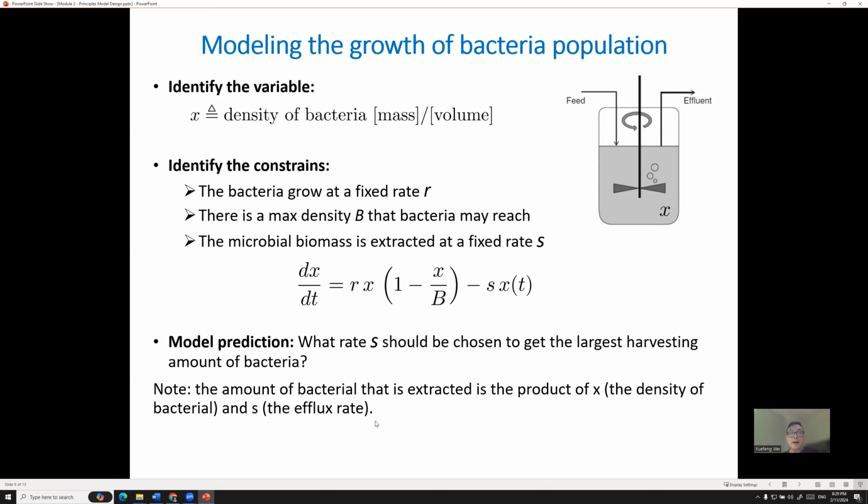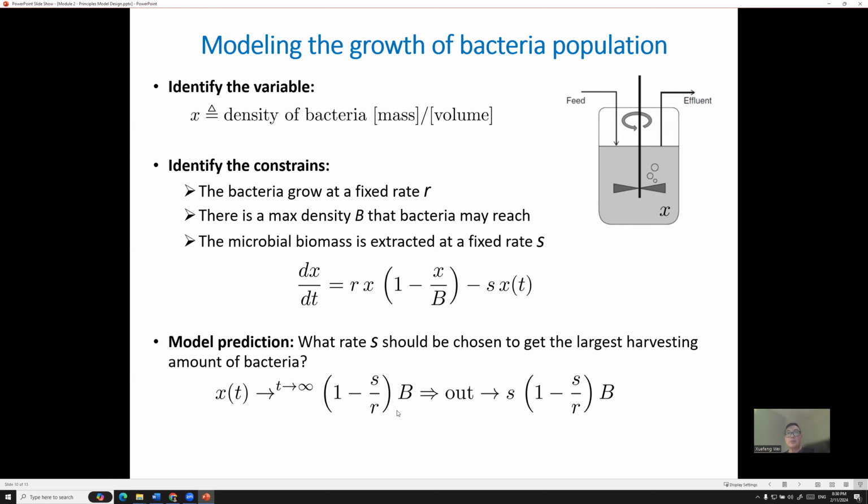So we want to maximize S times X at steady state. That means when we reach steady state, at equilibrium, the output is x2 times S, and we want that to be maximized.